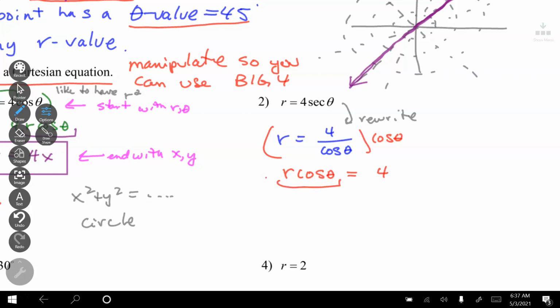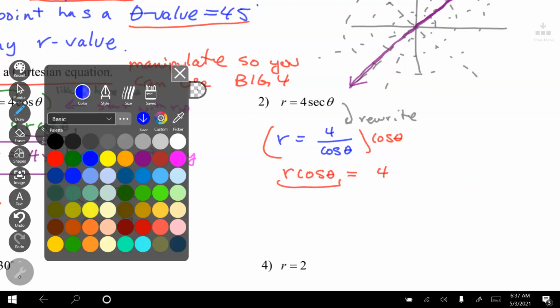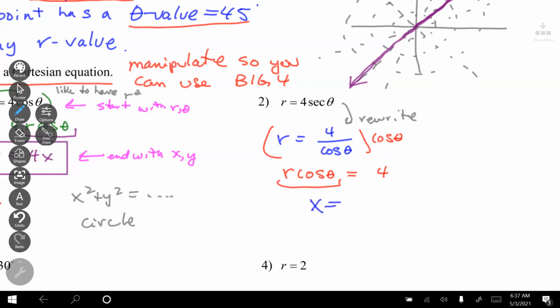I'm like, wow, r cosine is nice, because that I do have a substitution for. That's x equals 4. And hopefully everyone knows that x equals 4 is a vertical line. If you wanted to, you could go into your calculator and put it in polar form, and you will see that it is a vertical line.